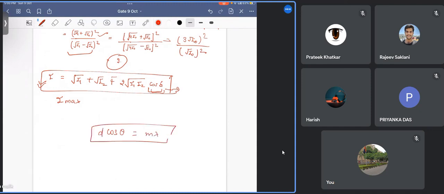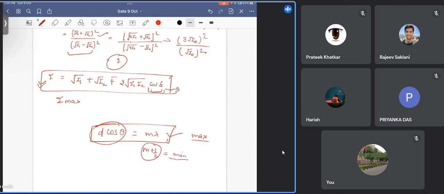This is the condition for maxima: m lambda, or m plus 1 by 2 lambda. I don't remember it correctly, whether m plus 1 by 2 or m, but it is a function of cosine of this term. From here, the case of m lambda is the maximum, and the case of m plus 1 by 2 is the minimum.